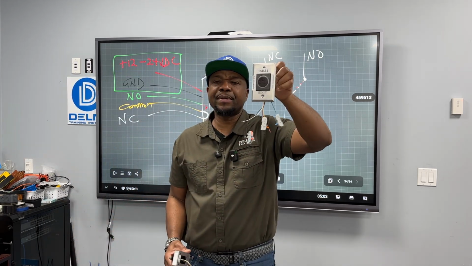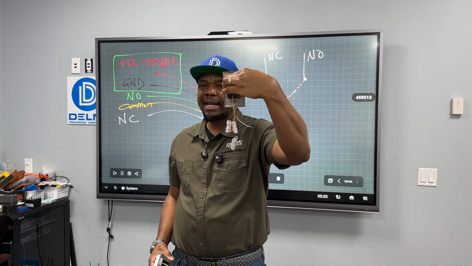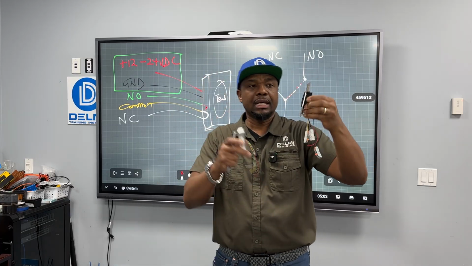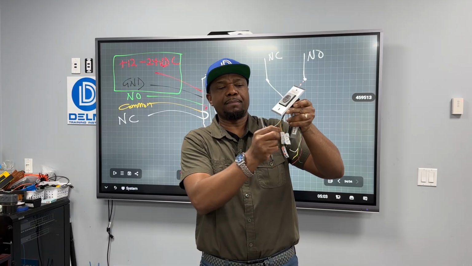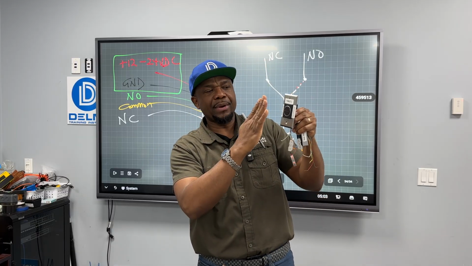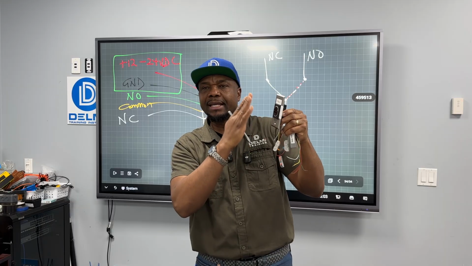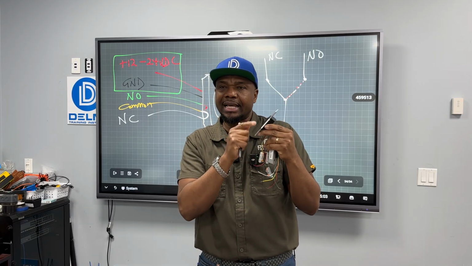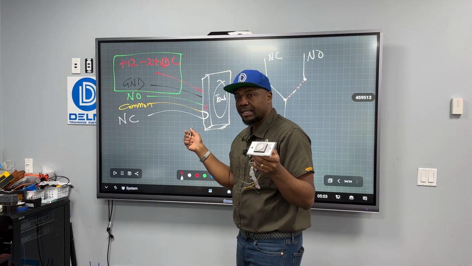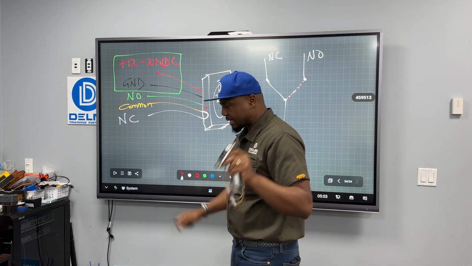The same thing happens with this. When I look behind it, I got that same one. This one behaves exactly the same. For this one, I have to make sure I provide positive and negative power, and this is going to get energized. When I bring my hands close by, it's going to trigger it. So this is an infrared sensor. These are the different types of input devices that we have.